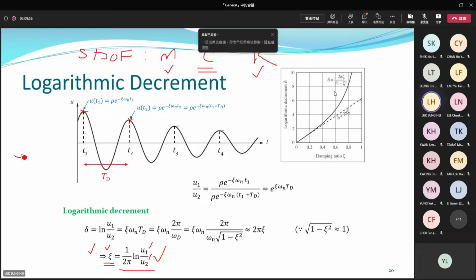The damping ratio, what is the definition? C over C critical. What is C critical? If you still remember, C critical equals 2m omega n. So using this equation, you can evaluate the damping coefficient C using the damping ratio.